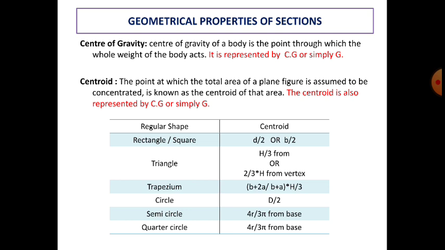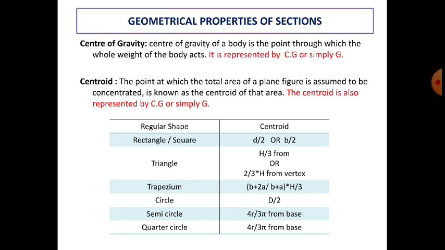Half the depth of the rectangle will give you the point at which the centroid or center of gravity acts. It might be b by 2 or d by 2, depending upon how the rectangle is positioned. If it is positioned along the depth, it becomes d by 2. If it is positioned along the width, then it is b by 2.